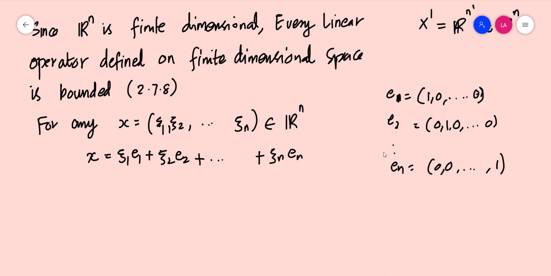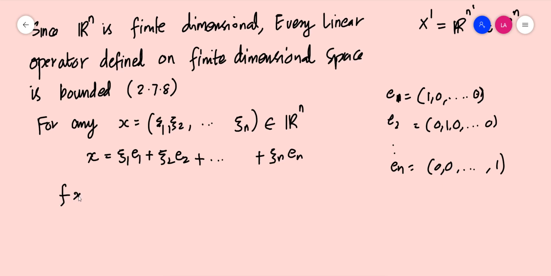This is trivial. Now we consider an arbitrary linear functional defined on Rn. If we can understand the value of f of x in general, we get a better understanding of linear functionals on Rn.